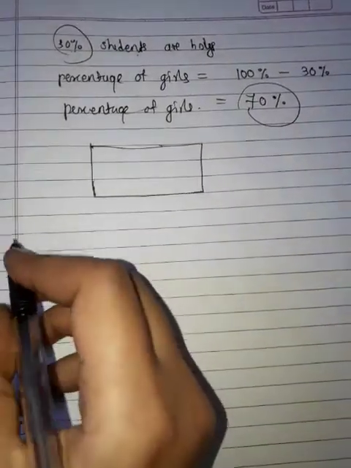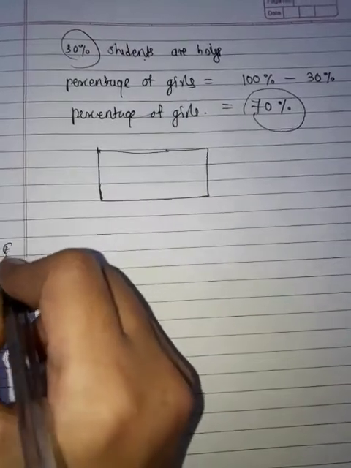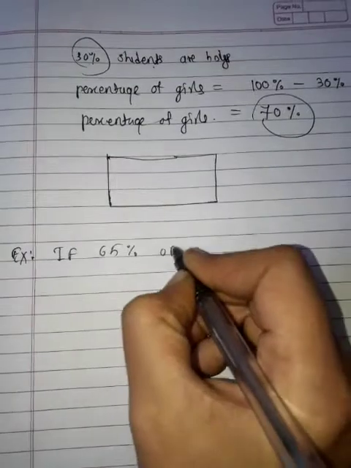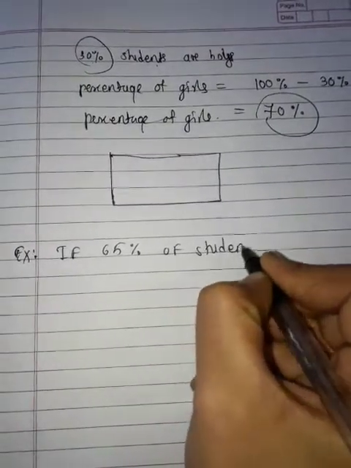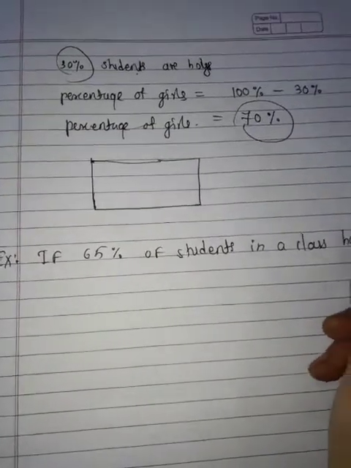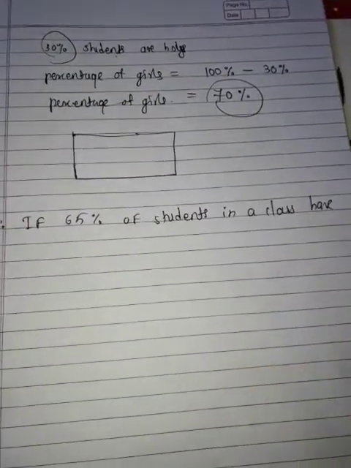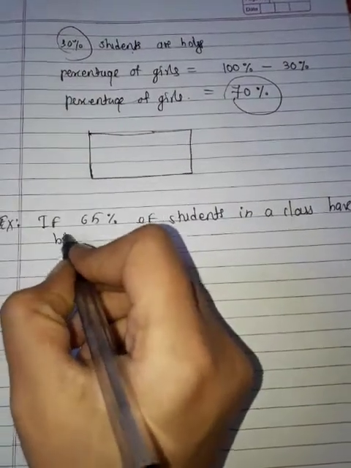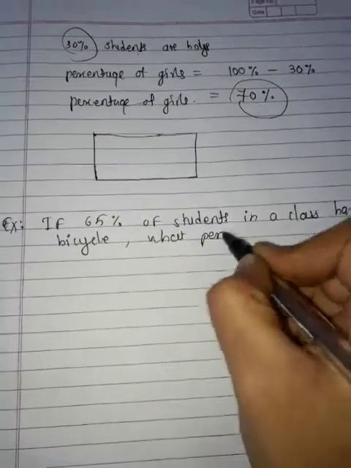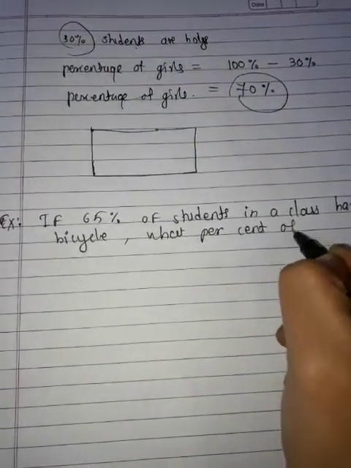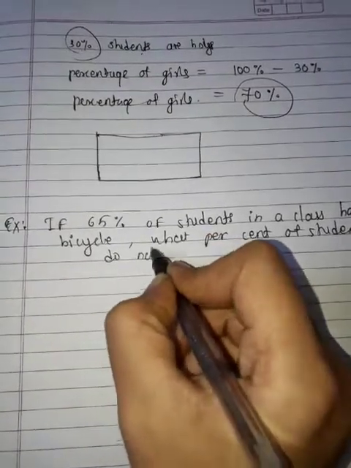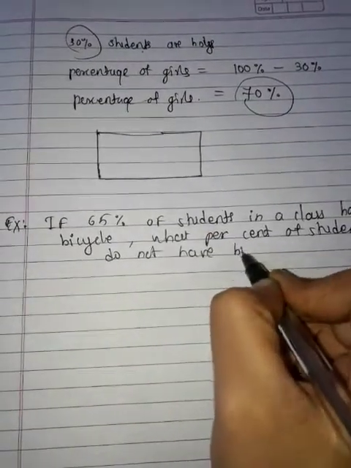Now suppose we have the next: if 65% of students in a class have bicycles, then what percent of students do not have bicycles?